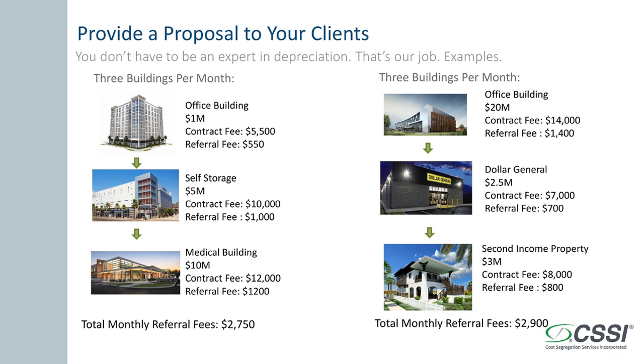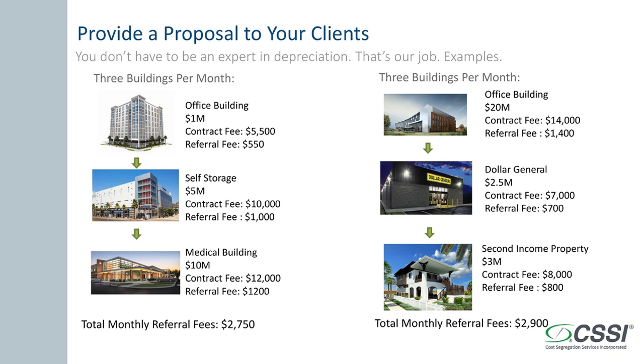Let me give you a couple of ideas of what this can do. If you were to refer me 3 buildings a month, let's say a $1 million office building, a $5 million self-storage building, and a $10 million medical building. These are just estimated contract fees to the client, but if the client's contract fee was $5,500, I will pay you 10% of that, or $550.